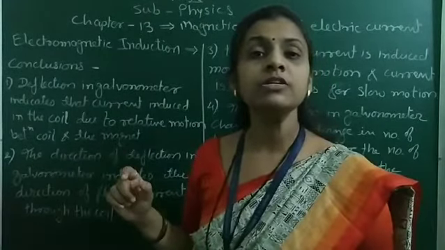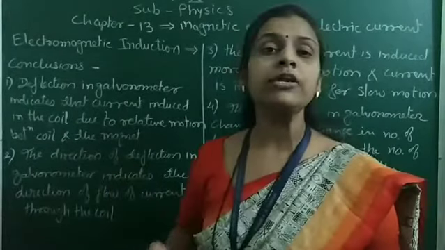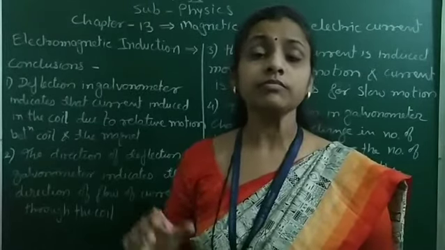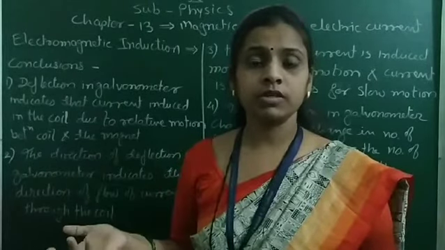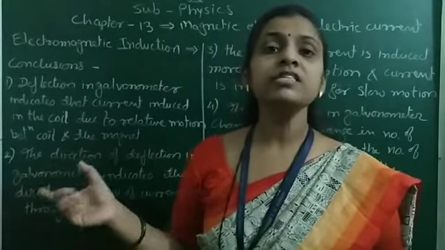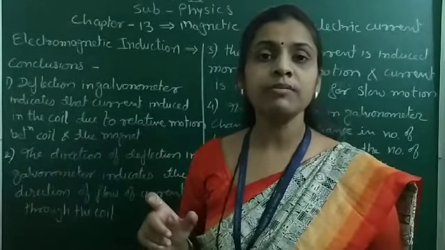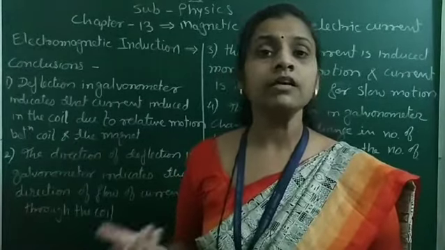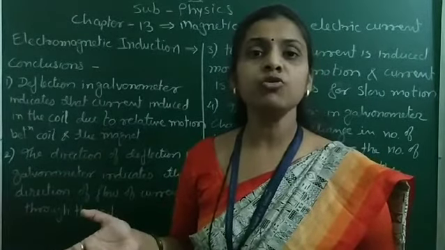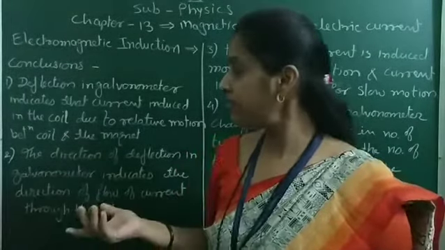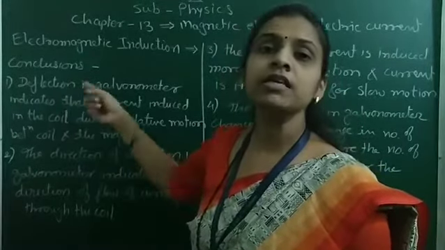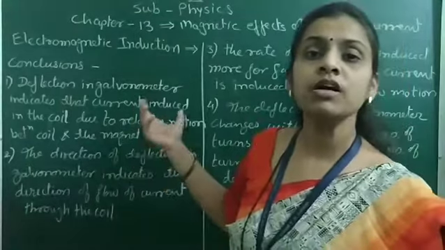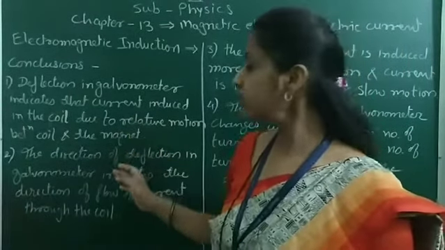Because the current is induced only when the magnet is moving into the coil or away from the coil, and it is shown by the deflection in the galvanometer. Therefore, deflection in the galvanometer indicates that current is induced in the coil.